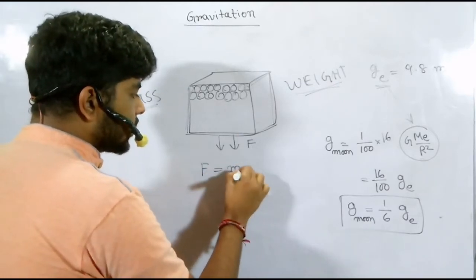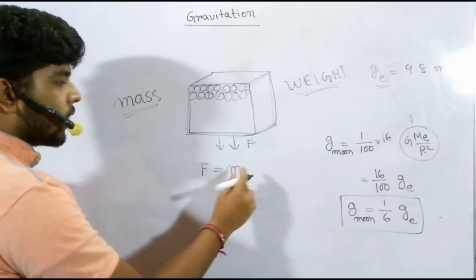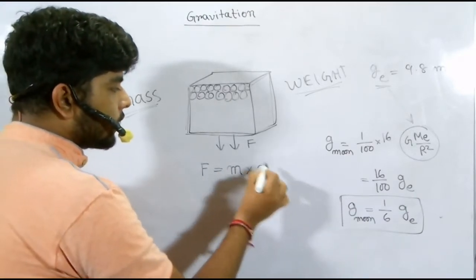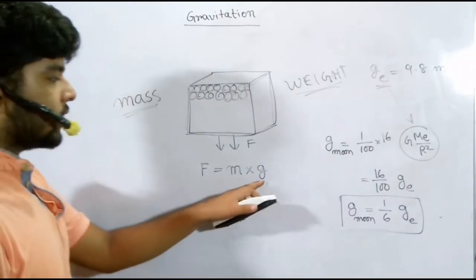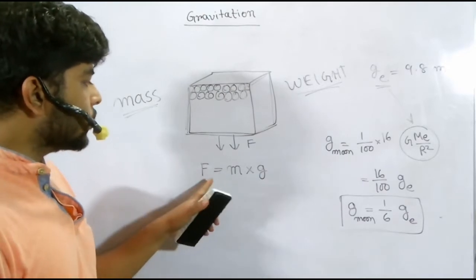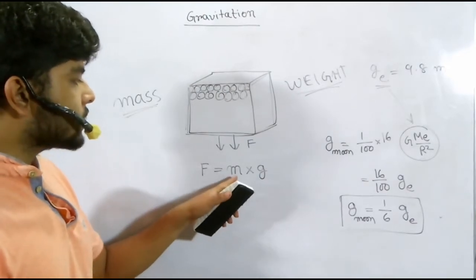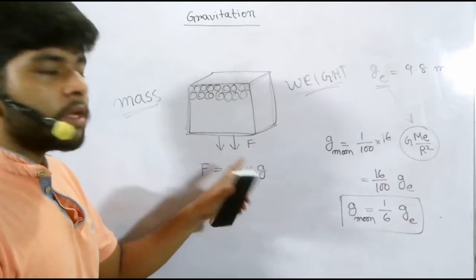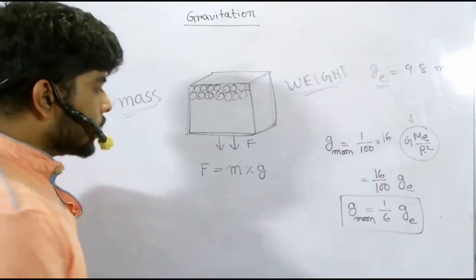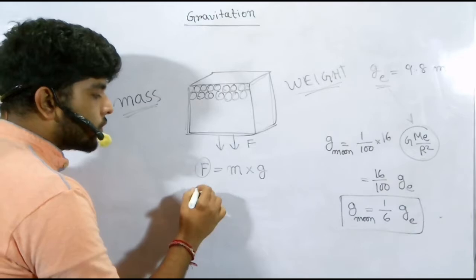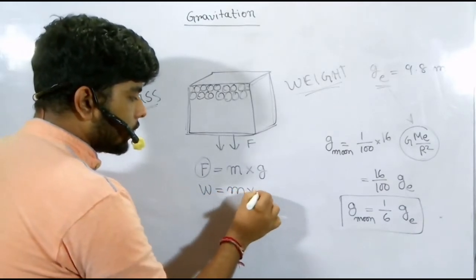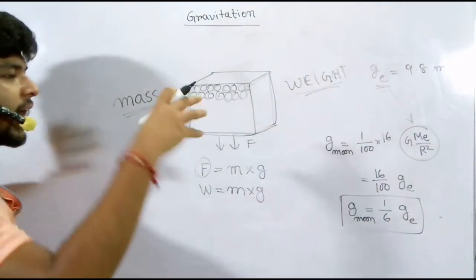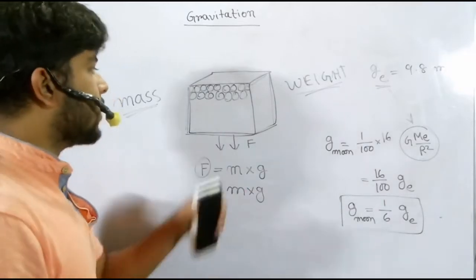If the mass of the object is m, and the acceleration due to gravity is g, this force acts on the mass under the influence of gravitational acceleration. So this force is actually weight.